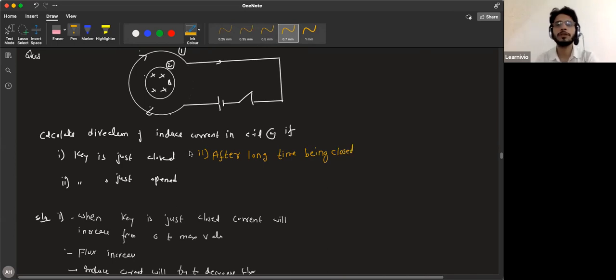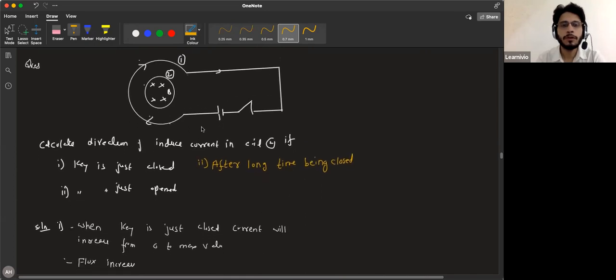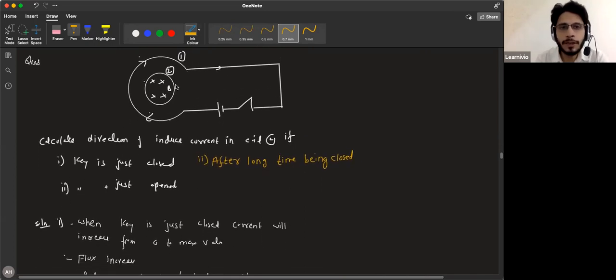So these are the three cases under which you have to decide the direction of induced current in coil 2. The first one is when you just close the key, the second after a long time being closed, the third when you just open the key.